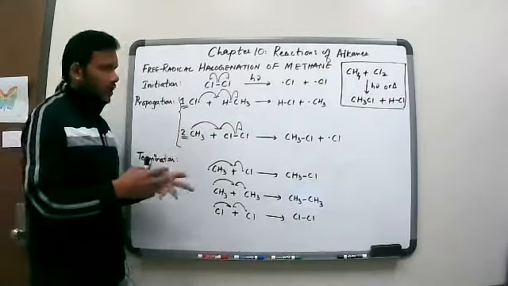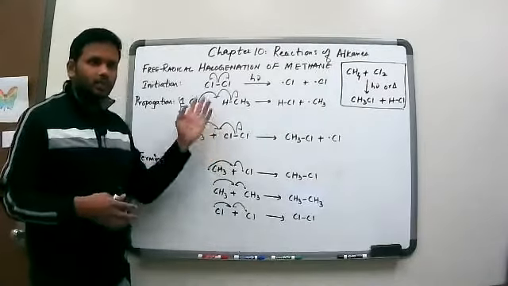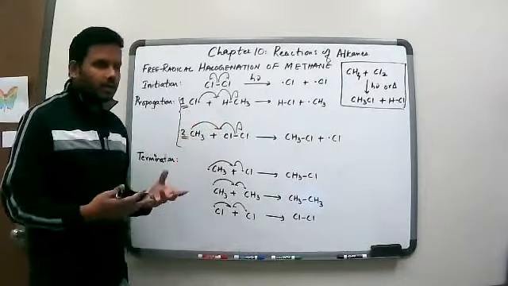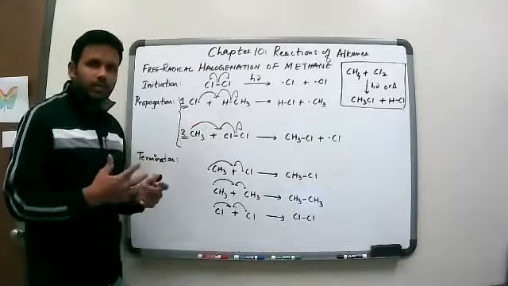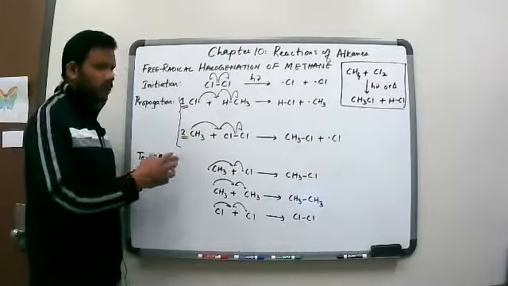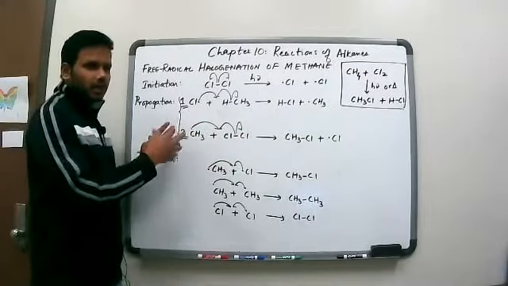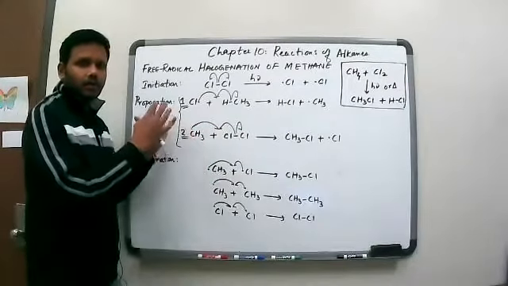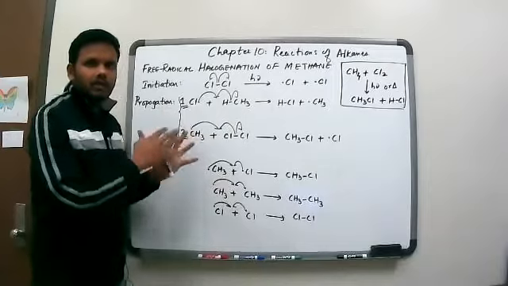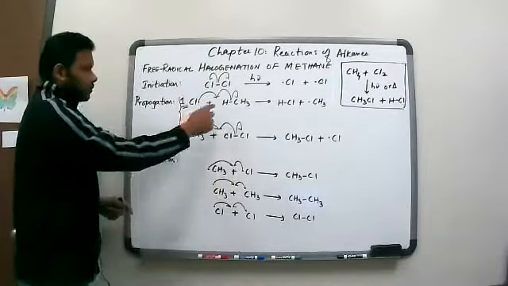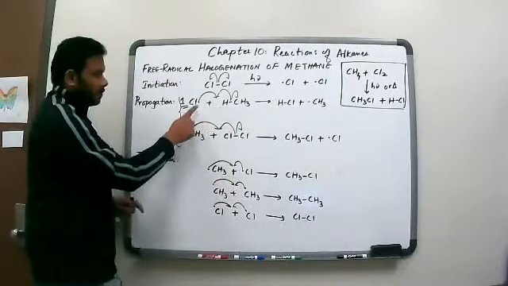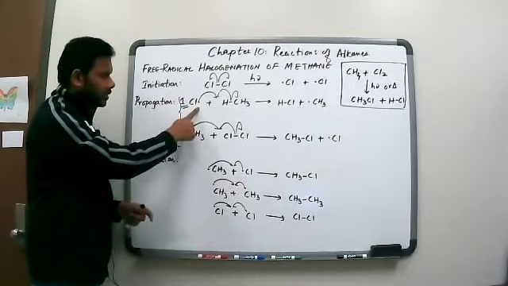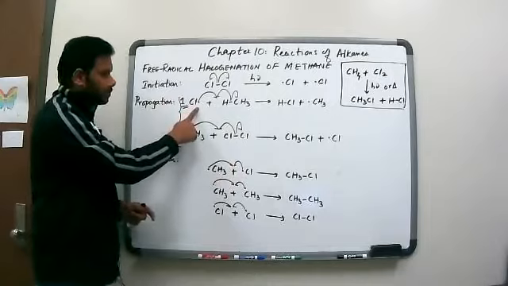An easy way to identify a propagation step is to look for the reactive intermediate. A propagation step is one where the reactive intermediate is regenerated in some sense. That means it's there on the reactant side and it's there on the product side. If you look at this step, we have a reactive intermediate, the chlorine radical, on the reactant side.